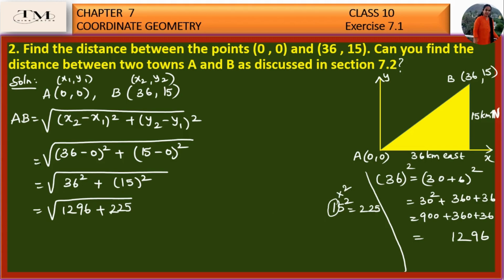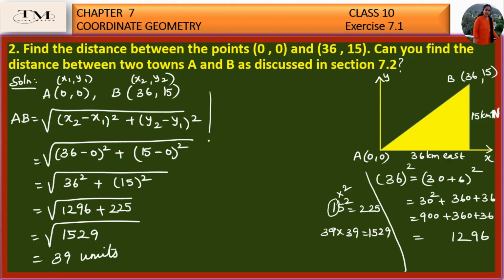If you add both numbers, you will get 1521. So 1521 is the perfect square of 39, so the square root of 1521 is 39 units. So AB is equal to 39 units.